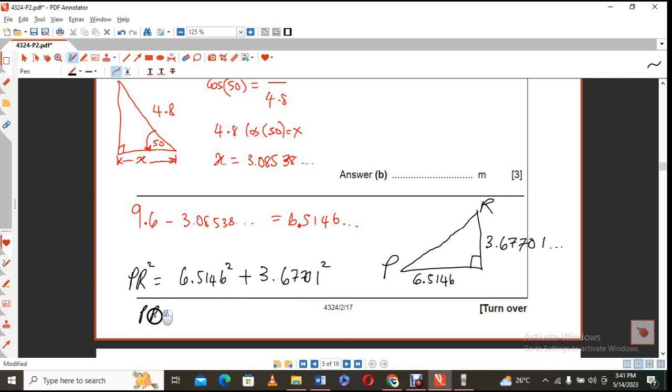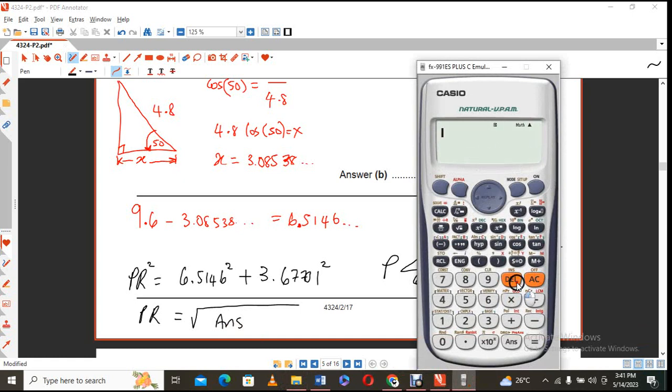And if you want to find PR, you take the square root of whatever that answer is. Okay, so I'm going to do my best to work it out. So I have got 6.5146 squared plus, because we're looking for the longer side, and if you look for the longer side, you must add.